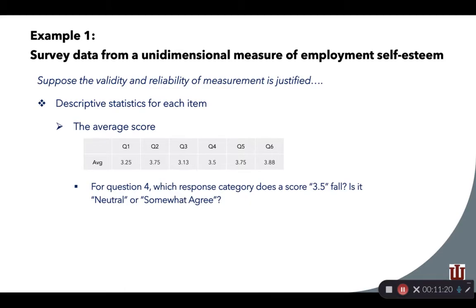Because it's in the middle. Is it neutral or somewhat agree? So computing an average score is very common, but the link of the numerical score to the Likert scale category is one thing you want to have a plan for before reporting the score and explaining the score meanings.